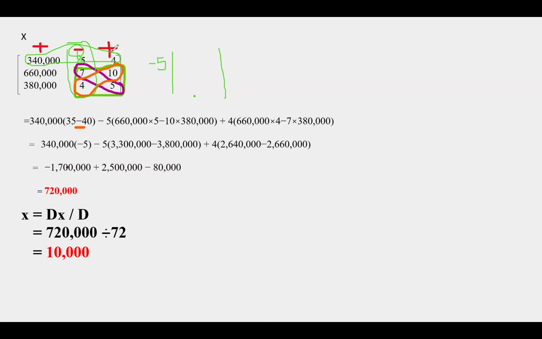Okay. So we now have, remember, we're ignoring values that are in this column and values that are in this row. So we're going to now have, let me just widen the matrix here. Okay. So we're going to have now 660,000.